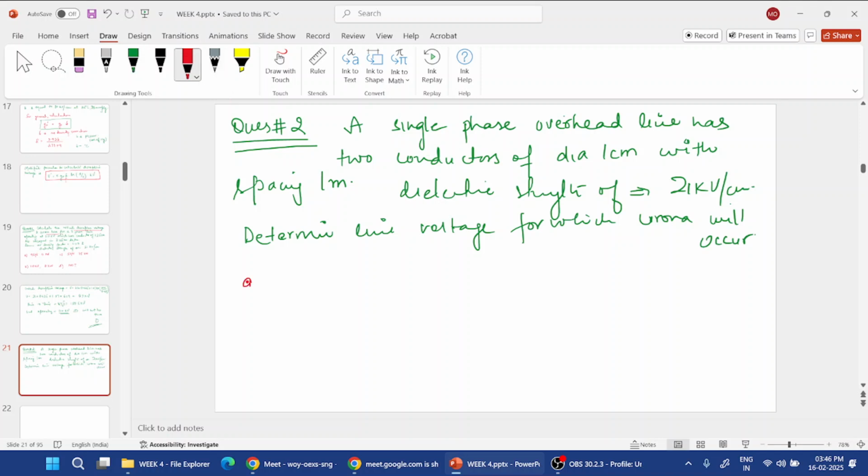Option A is 56 kV, B is 90 kV, C is 33 kV, D is none of the above. Okay, so you have to give me the answer.